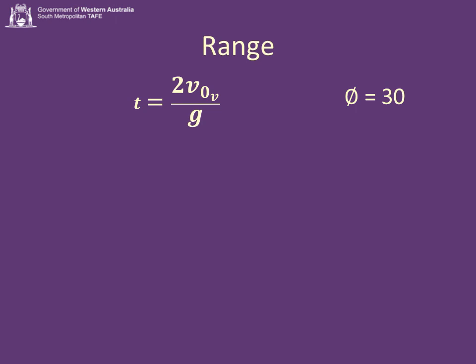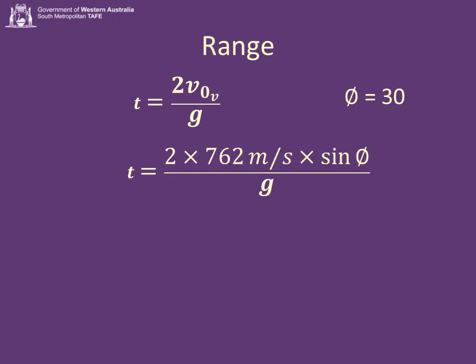So we've already found the time the shell spends in the air. We know the gun is at an elevation of 30 degrees. That gives me the time that the shell is in the air is 2 times the vertical velocity, so 2 times 762 times sine of theta divided by g, which is gravity.